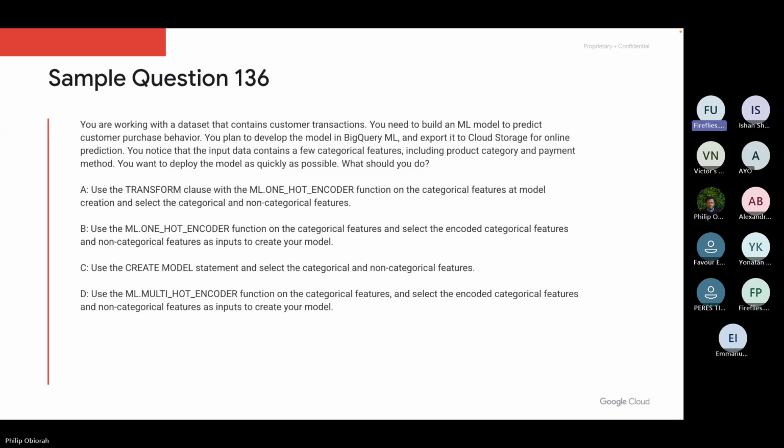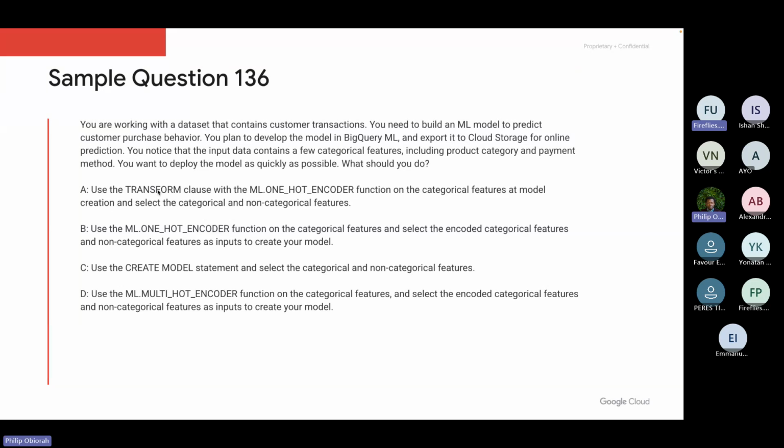So let's look at option A. Option A uses the transform clause, which bundles the processing logic into the model artifact itself.